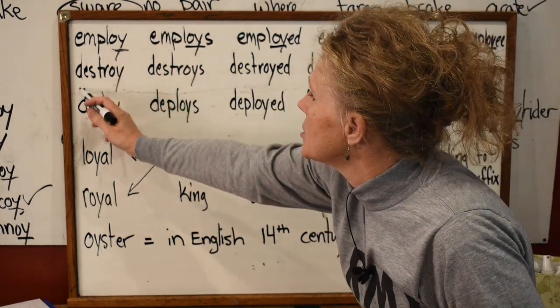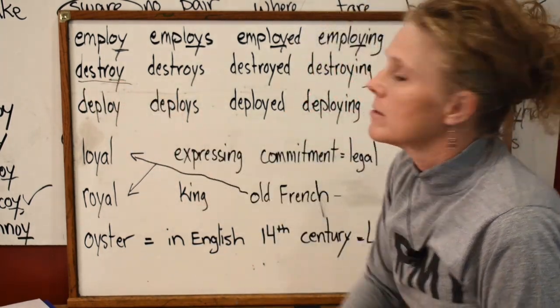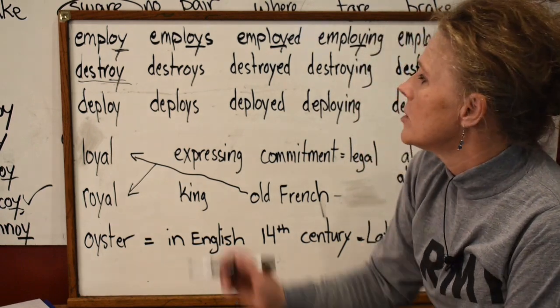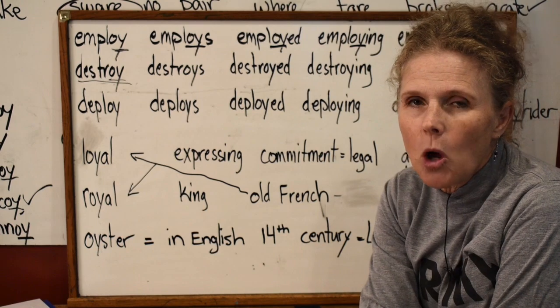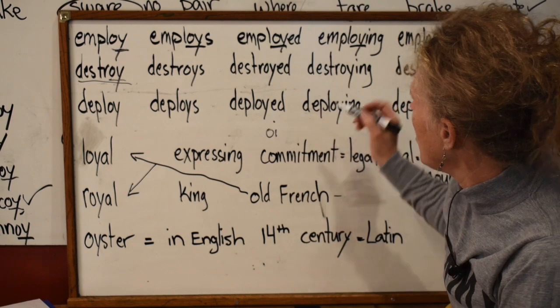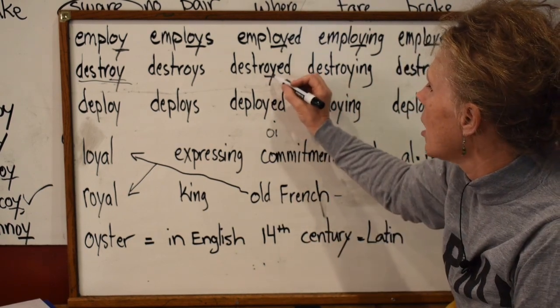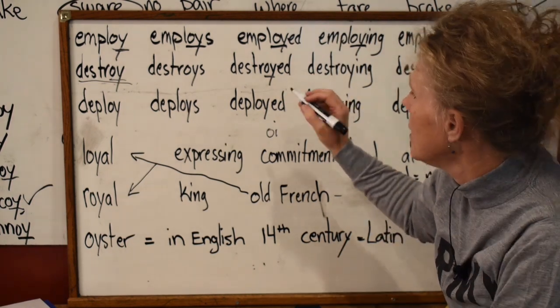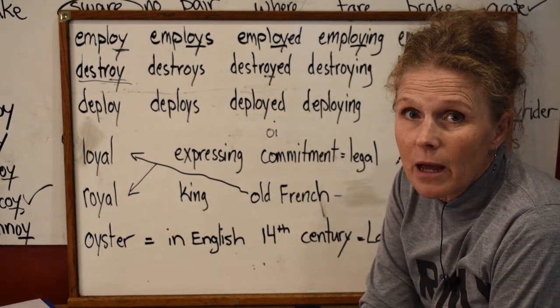Now look, destroy, there's your base word. OY says OY. So you're going to spell it OY. You're not going to spell it OI. If you spell it OI, that can only be in the middle of words. Well, why isn't this spelt with an OI? Because we are not changing the Y to I, because right here is a vowel.